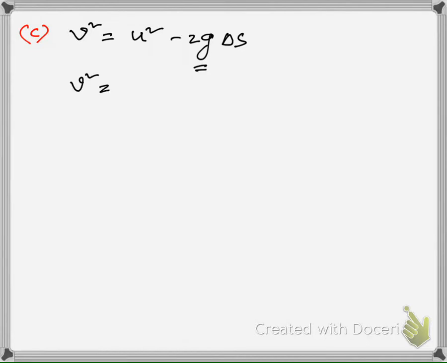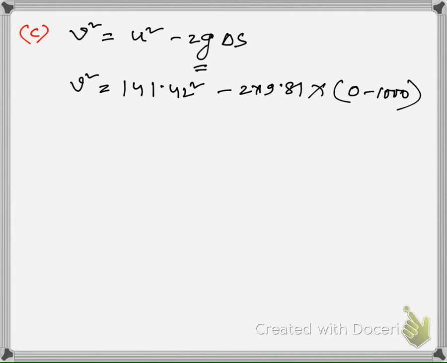What is u? It starts from 1,000 feet to the ground, going downward. So we get the velocity squared equals 141.42 whole square minus twice into 9.81 delta s. What would be the delta s? It started at 1,000, and the end point is 0 at the ground, so that's delta s.